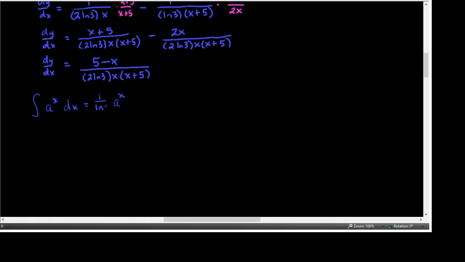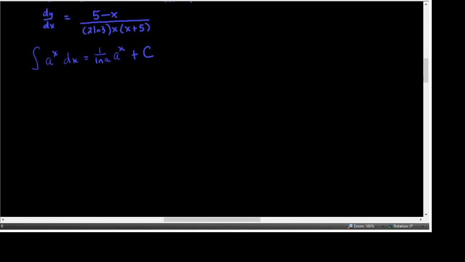So it'll look like fraction 1 over ln of a, which is a constant, times a to the x. And then, of course, don't forget your constant of integration. Okay. So that's going to be my suggestion, is that that's the way we do it. So that's a formula, like all the other ones I've introduced, that you should probably make sure you commit to memory.